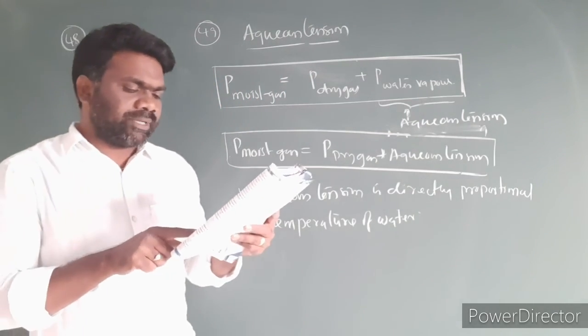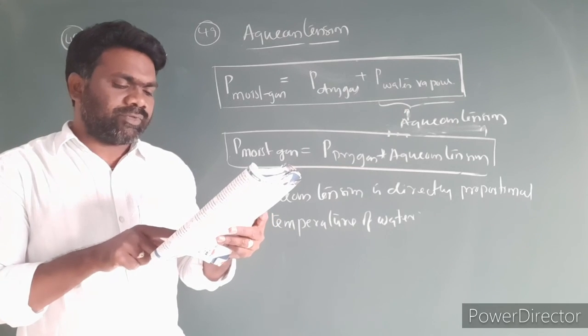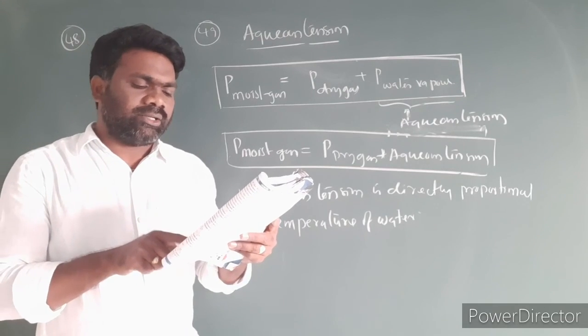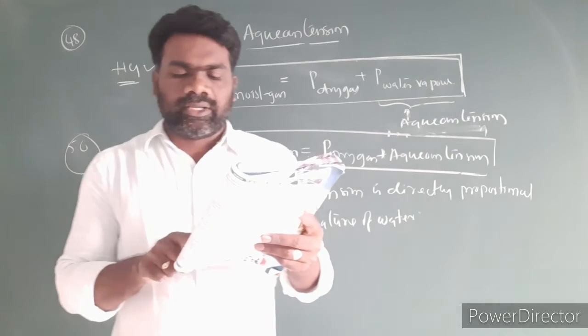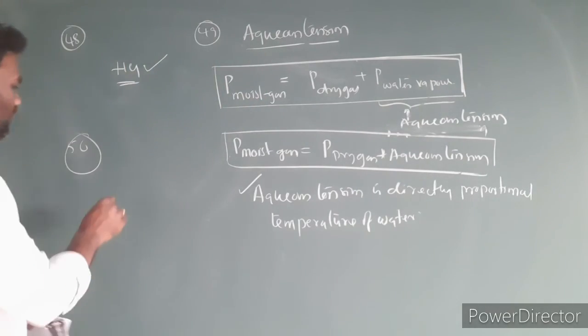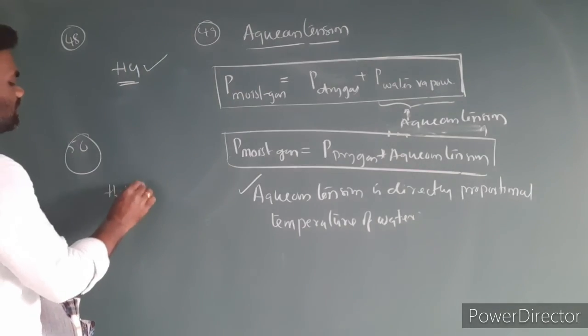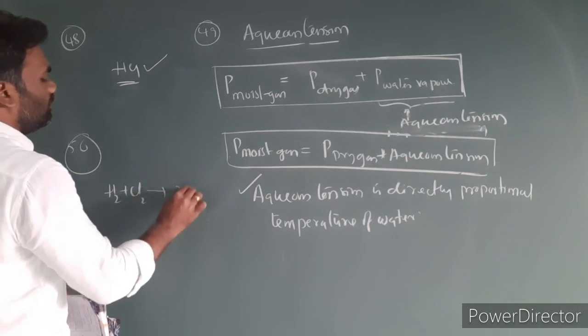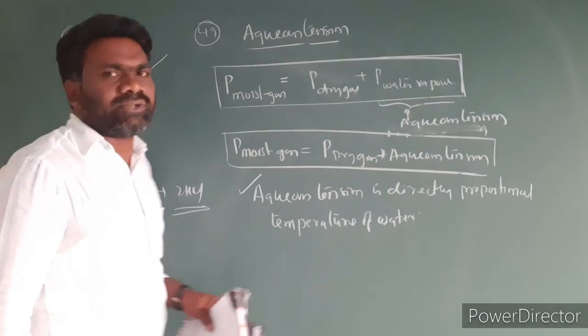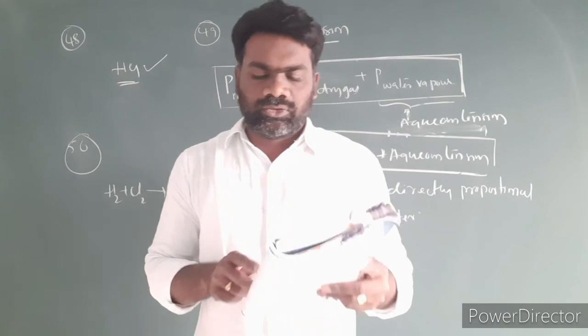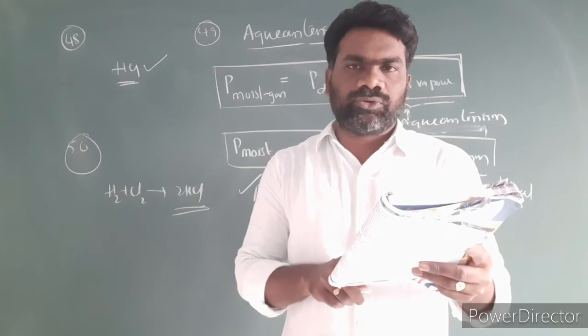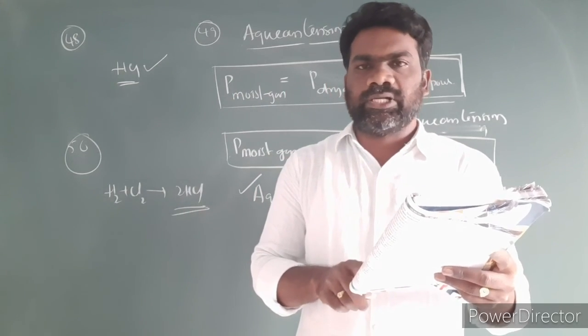Look at the options. H2 and SO2 cannot react. H2 and Cl2: hydrogen plus chlorine gives 2HCl, so they are reactive gases. H2 and CO2 cannot react, and CO2 and Cl2 cannot react.